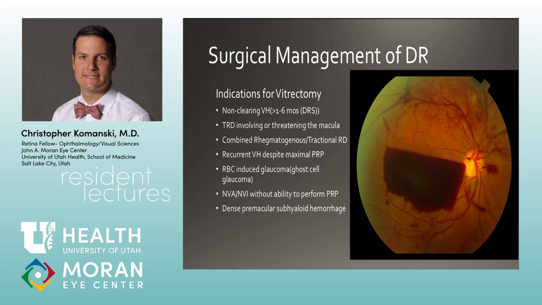Absolutely if there's a combined rhegmatogenous tractional retinal detachment. There are certain patients that will have adequate PRP, but they just keep getting vitreous hemorrhages, and they may clear, but they've had multiple vitreous hemorrhages, and you just have not been able to get that eye under control.